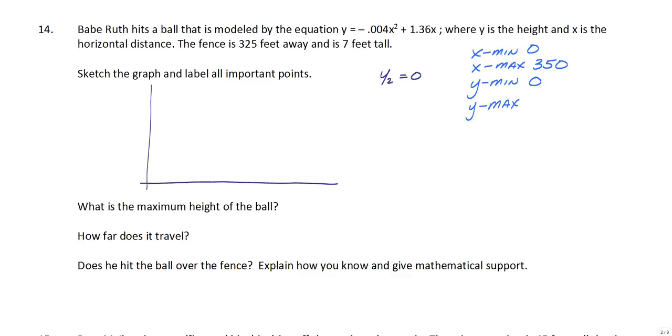So there's a pretty good chance he's going to hit the ball pretty high as well. So why don't we just call a Y max of 200? Okay, that is extremely important that you know how to create a window. Okay, so we're going to pause right there, and I will get the graphing calculator for you so you can see what it is you need to type.